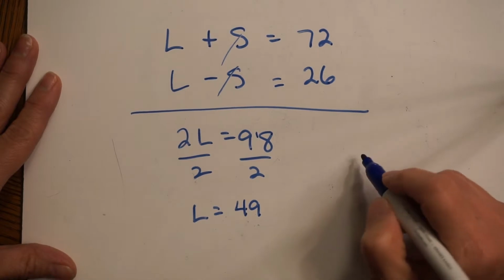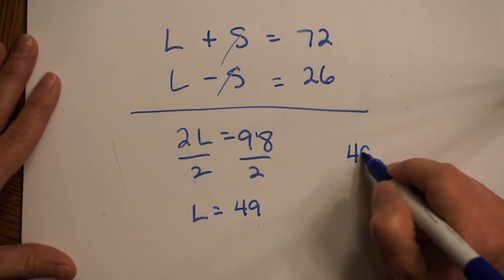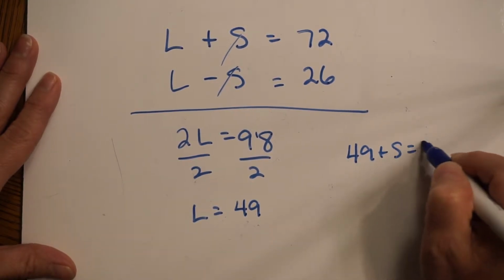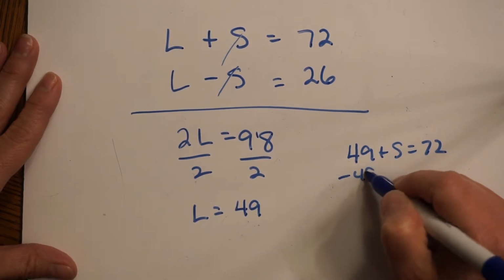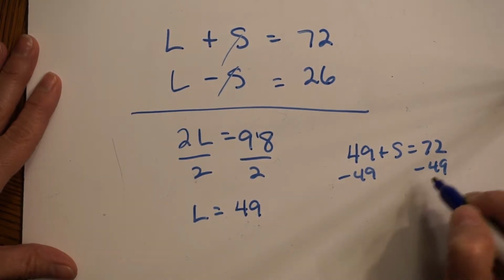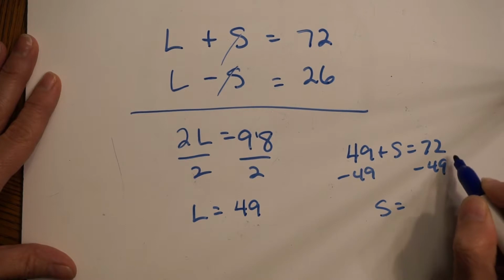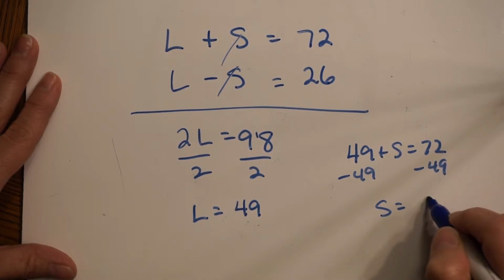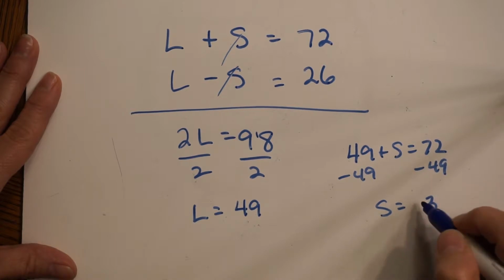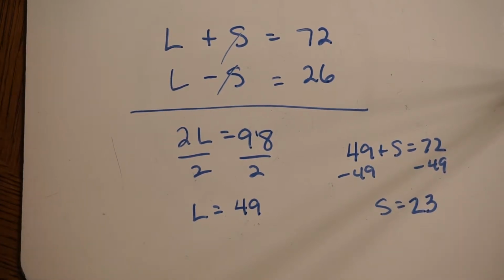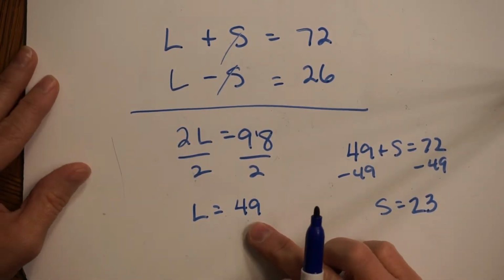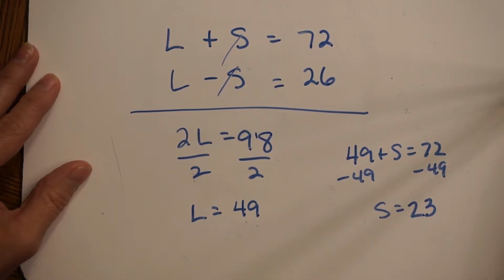If the large is equal to 49, then we have 49 plus the small equals 72. So we're going to subtract 49 from 72. And the small would be equal to 23. All right, so the large is 49 and the small is 23.